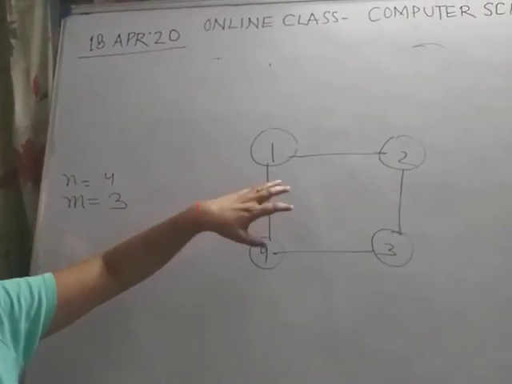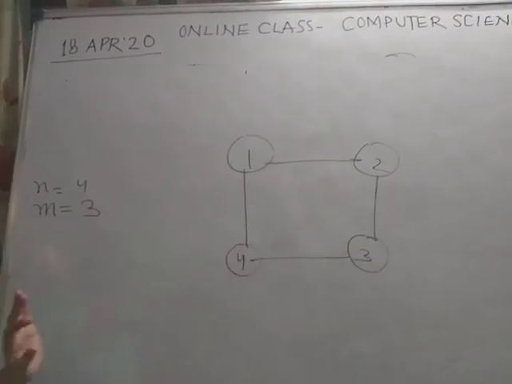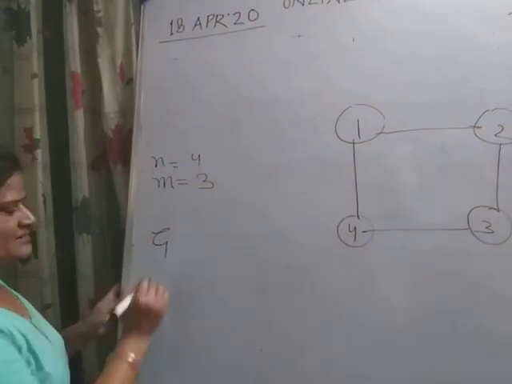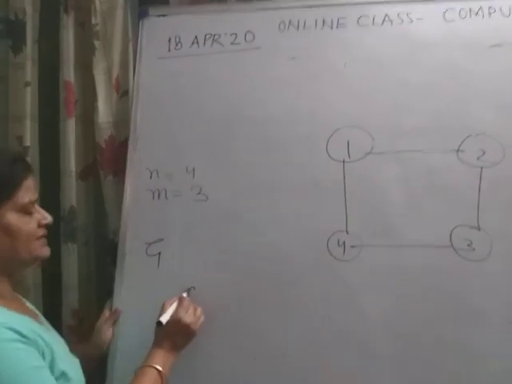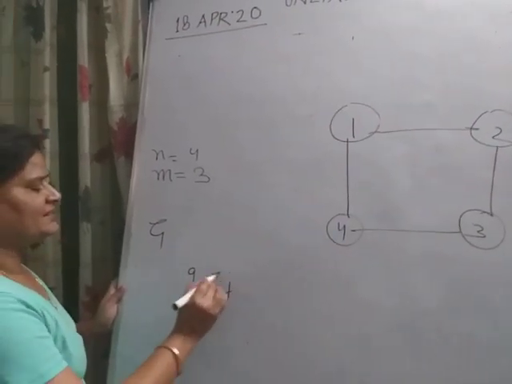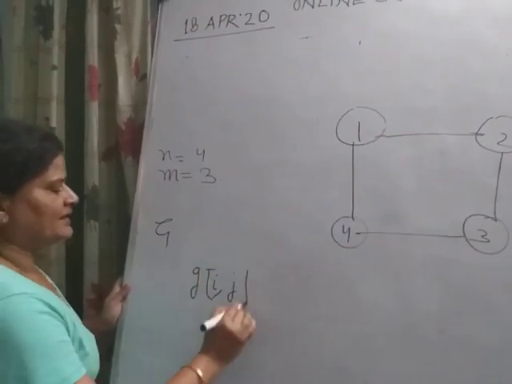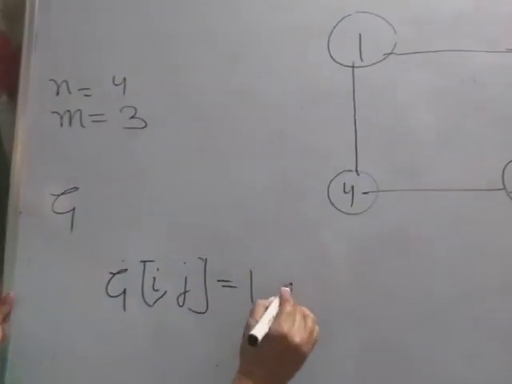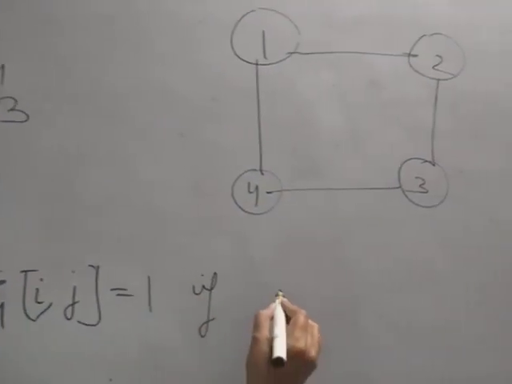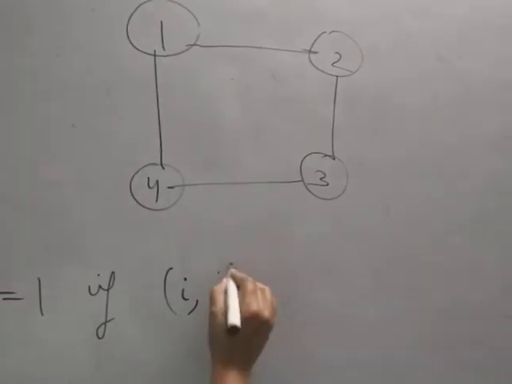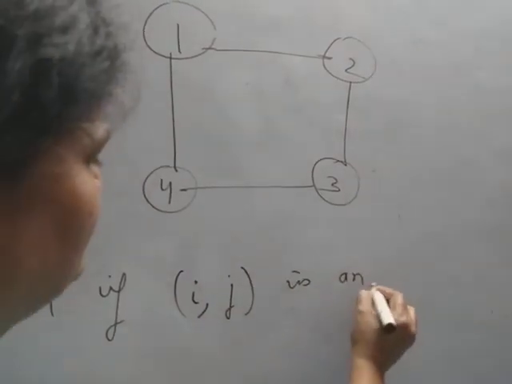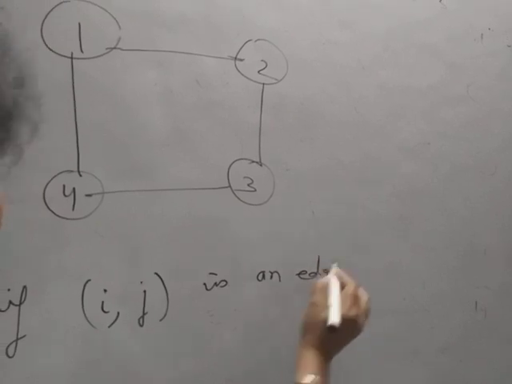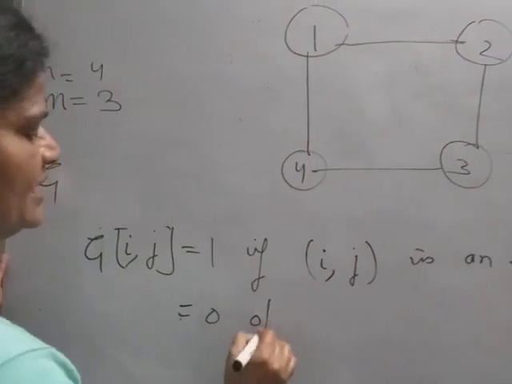Whatever graph you are going to color, you store that graph G in an adjacency matrix such that G[i][j] equal to 1 if ij is an edge, 0 otherwise.